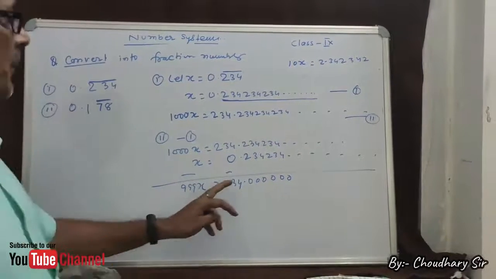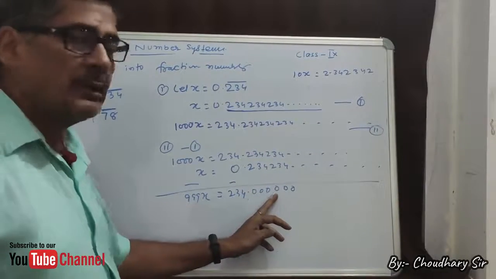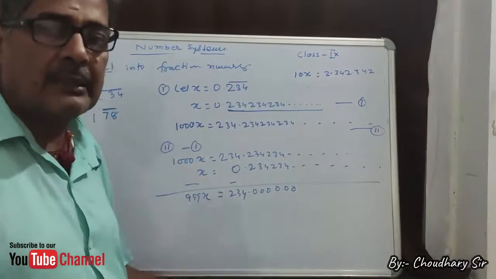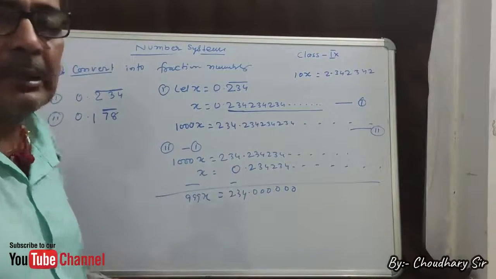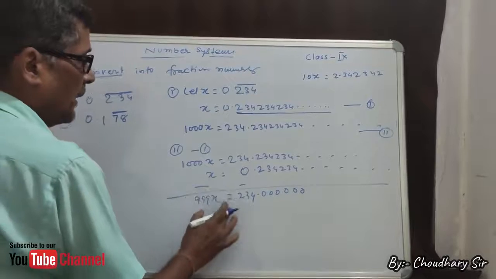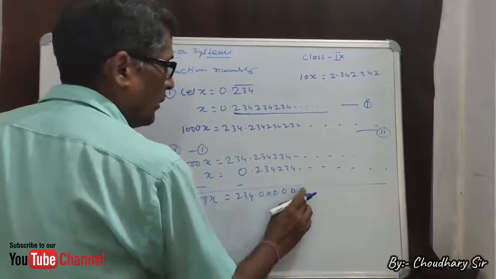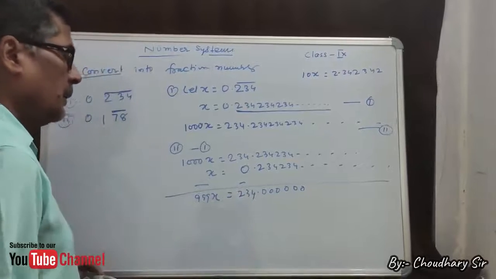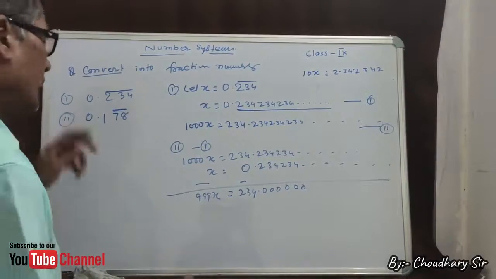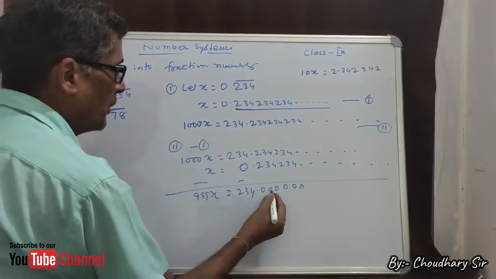After subtraction, the digits after the decimal must become 0. If 0 does not come, then we have not multiplied and subtracted properly. So after subtraction, only 0 remains after the decimal. So 999x equals 234.00.